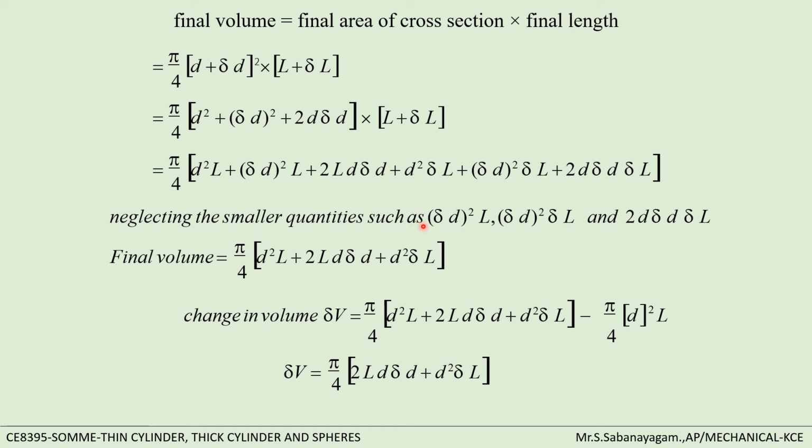These are all very small quantities when comparing to other parameters, and hence final value will become pi by 4 d square L plus 2L d del d plus d square del L. So change in volume, that is del V, is equal to pi by 4 d square L plus 2L d del d plus d square del L minus the original volume pi by 4 d square L, and hence the change in volume will become pi by 4 into (2L d del d plus d square del L).